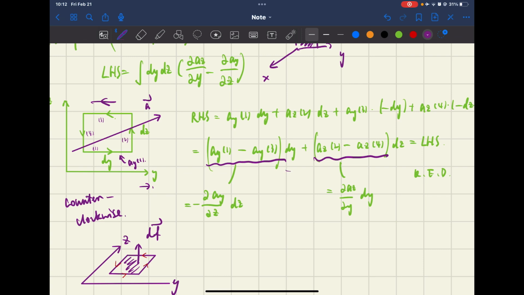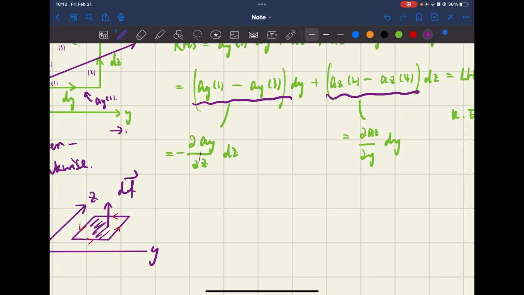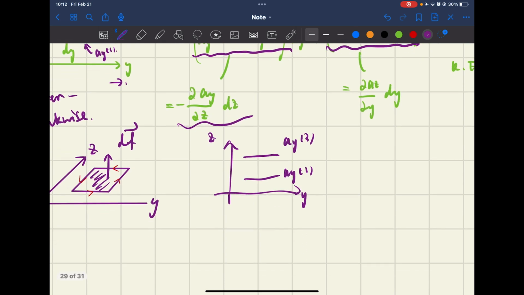Okay, and now we pick up the like terms, take the dy and dz out, and we need to calculate the thing inside this bracket. It can be simplified to this. Why is that? Let me draw this. Okay, so this is Ay bracket 3, and this is Ay bracket 1, and this is the y axis, and this is the z axis.